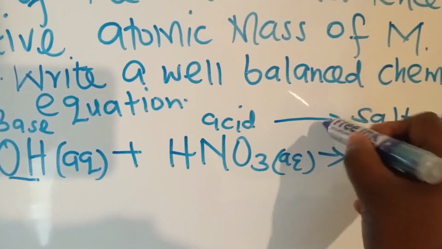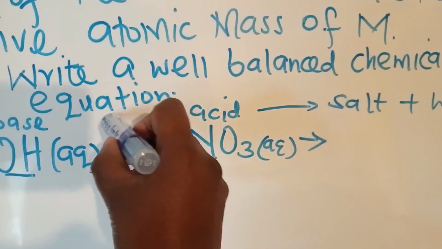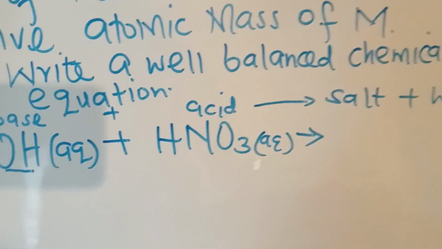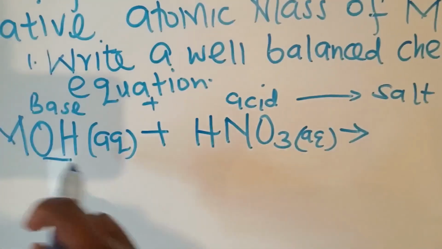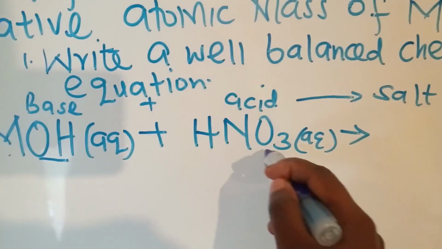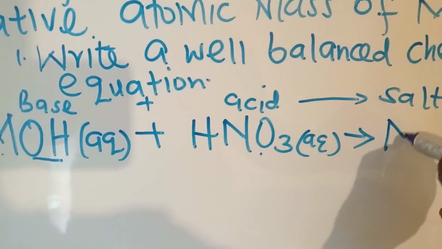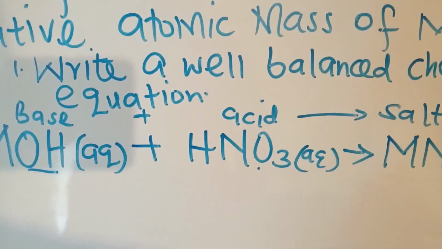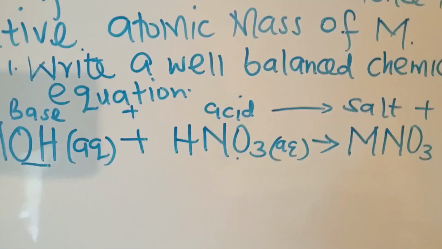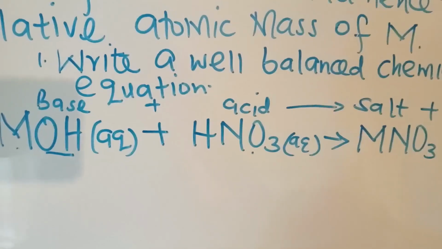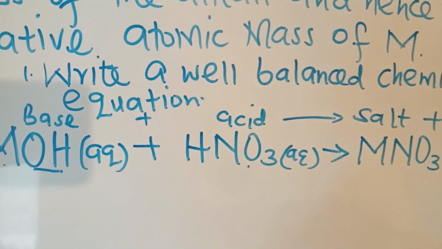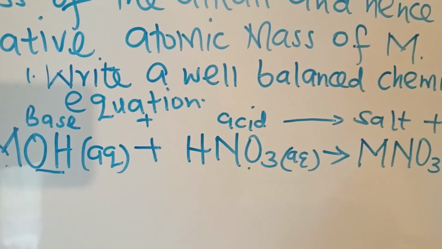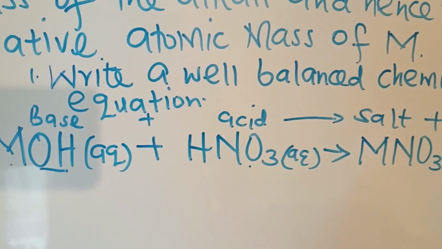Those are the products whenever a base and an acid reacts. So the salt in this case will be M nitrate. We do not yet know what M is, but at least there are a number of things that we know already, even without telling what M is.